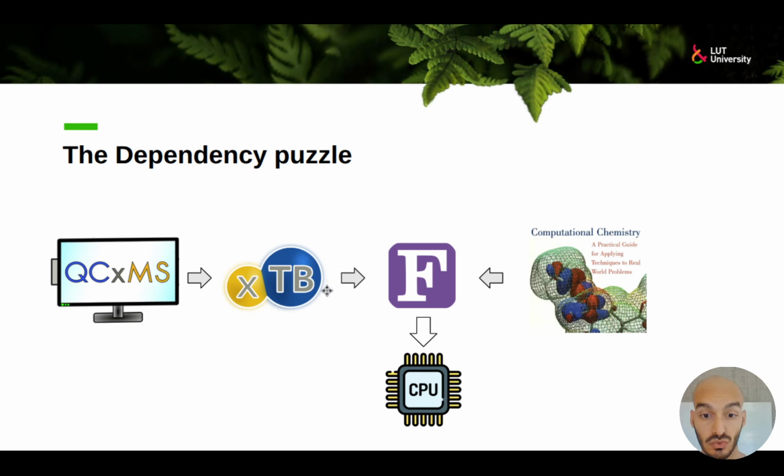It is written fully in Fortran, and it uses a lot of very complicated algorithms from computational chemistry, and everything in the end is compiled down to a binary file, an executable, and you run it on a CPU, or you run it on hundreds of CPUs. That's even better. So this is what QCXMS is.